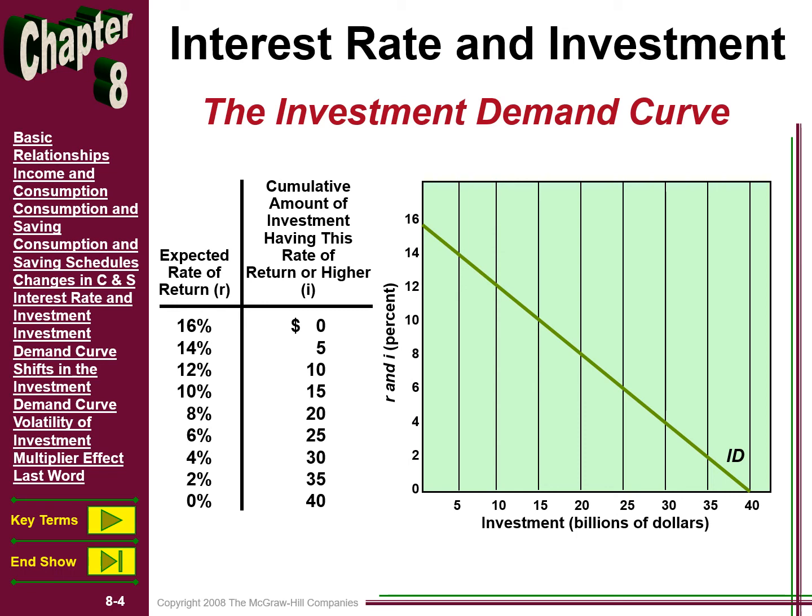The question then becomes, does the relationship between the real rate of interest and the expected rate of return still apply? In other words, should Nike undertake this proposal, assuming that they don't need to borrow the $100 million, if the real rate of interest is 6.5% and the expected rate of return is 6%?